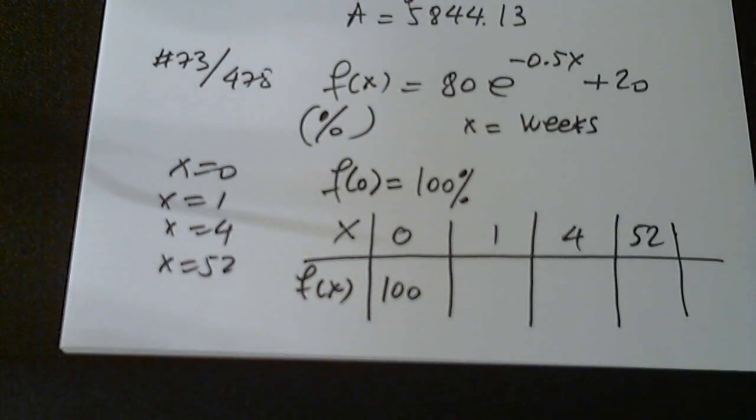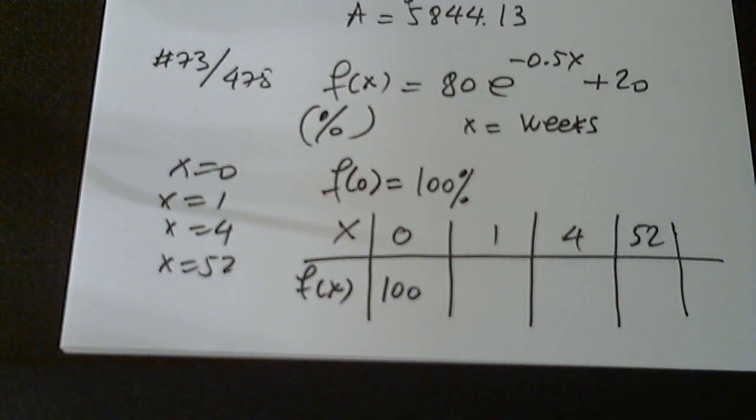All I have to do is put this function in the graphing calculator. In y equals, clear, and the function is 80, e, parentheses, negative 0.5x, close the parenthesis, and then plus 20.